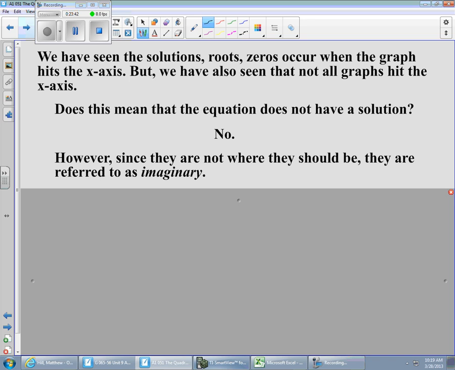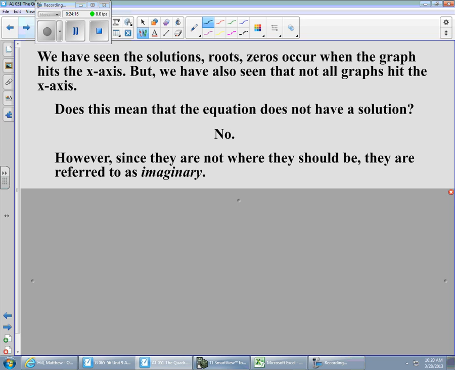Whether you realize it or not, the higher up you get in mathematics, you're going to find out that sometimes things don't exactly work the way we expect them to work. You would think that by now we would know it all, but we don't. There are some things that we don't have a real good grasp on how they're trying to work. This is one of those cases. If solutions are supposed to be on the x-axis, then how come we find some sometimes that are not on the x-axis?